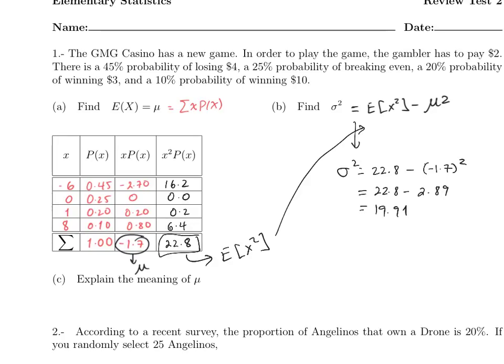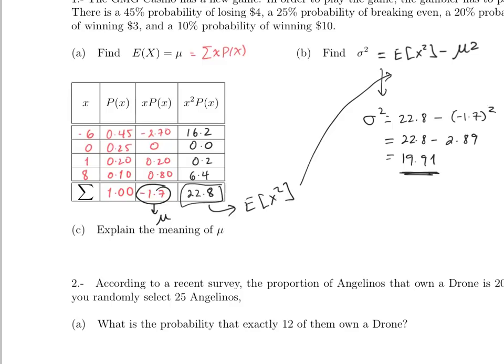If you wanted to find the standard deviation, you take the square root of this, but the question is just asking for the variance. So once you get to this point, you are done. Finally, for this problem, part C is asking what's the meaning of mu, or what is the expected value.